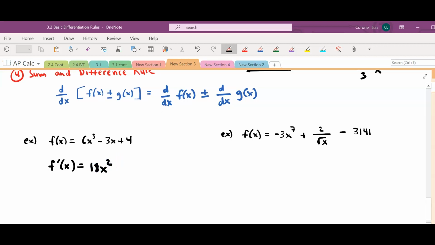Derivative of a negative 3x. What's the slope of this guy? If you had an equation y equals negative 3x, the slope is just negative 3. And the derivative of a constant, we learned that in the first example, was just 0. So that is our answer.